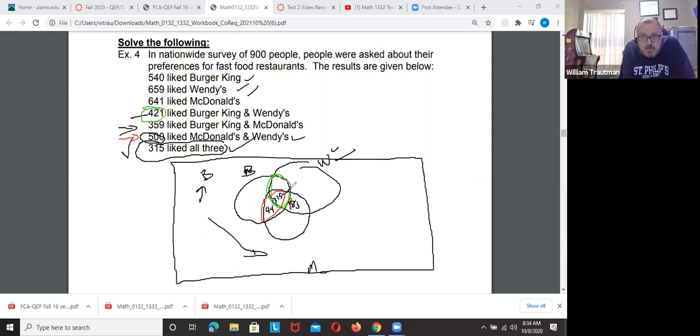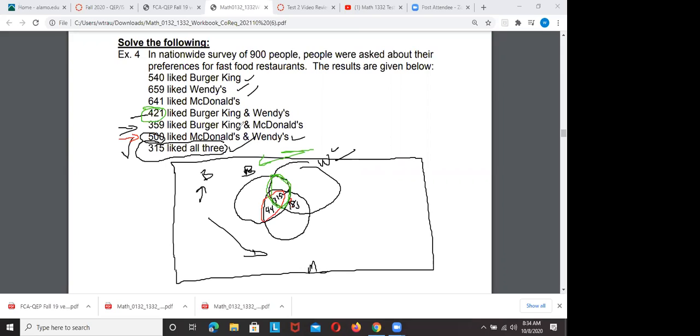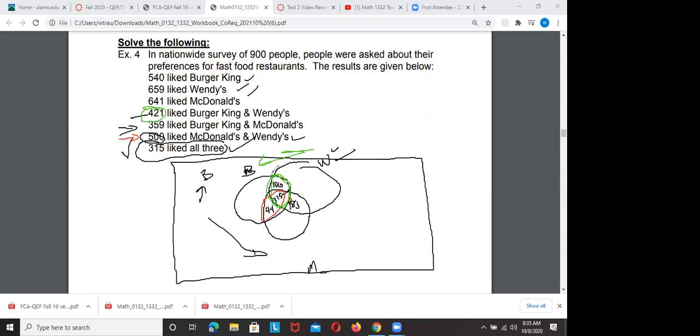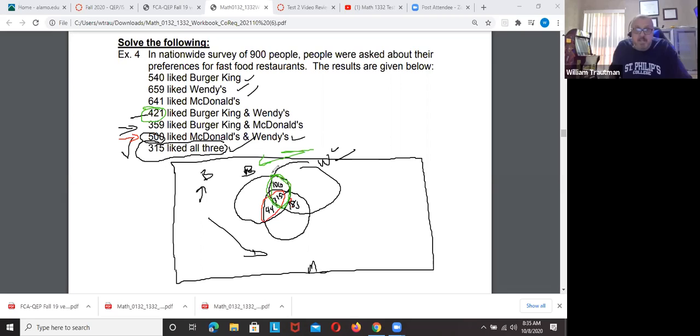If you look at this circle, this is the Burger King and Wendy's circle, and it has to say 421. We have 315 in there already. 421 minus 315, and you get 106. So in here we get 106. Okay, so we got all those figured out.